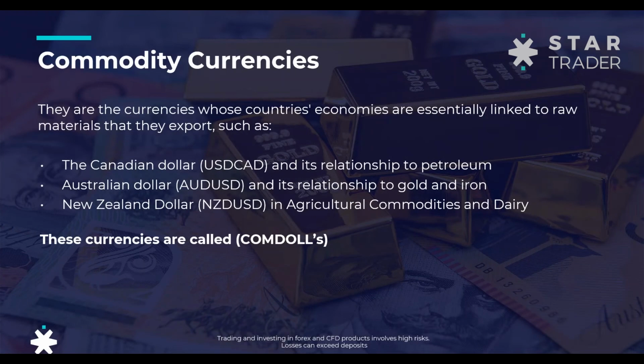Some of the most famous examples are the loonie, the Canadian dollar, the Aussie, the Australian dollar, and the Kiwi, which is the New Zealand dollar. The relationship between the Canadian dollar and crude oil is very well known in the market.